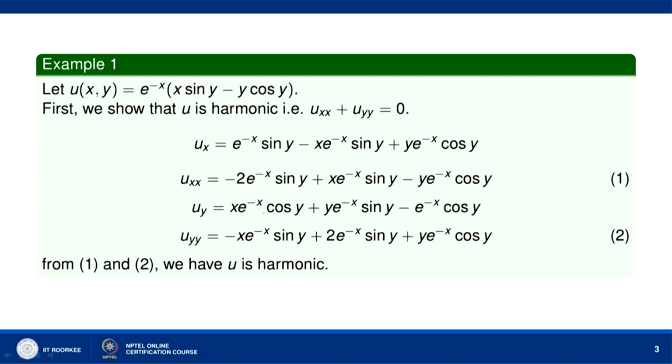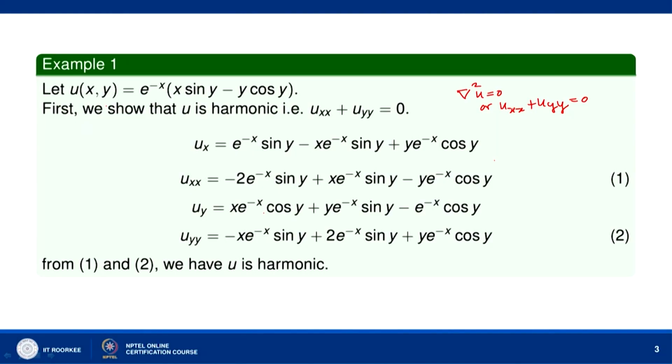In order to prove that u is harmonic, we need to show that u is a solution of the Laplace equation, that is del square u equal to 0, or u_xx plus u_yy equal to 0, and moreover that the second order partial derivatives are continuous.